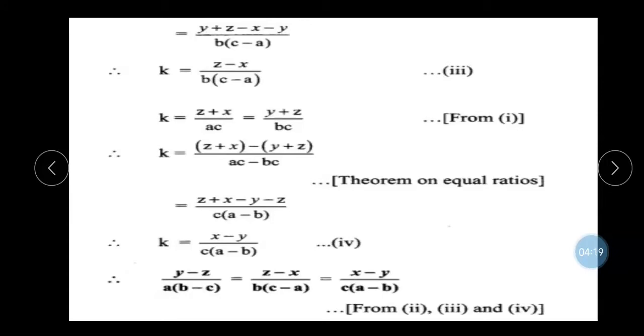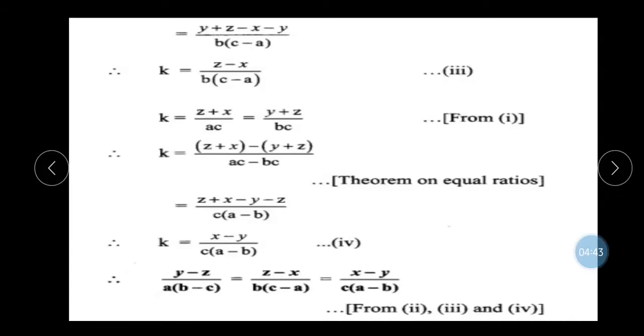So, opening the bracket, we get z plus x minus y minus z upon c into (a minus b). So, we get the fourth equation, k is equal to (x minus y) upon c into (a minus b). Let us give this equation 4.